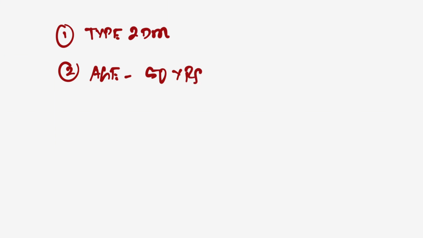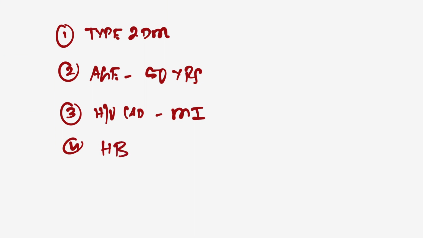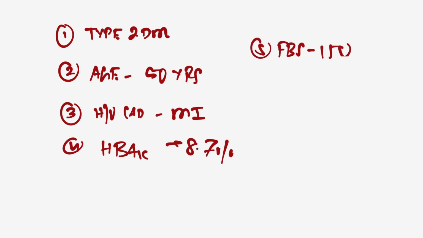Let's say the patient has a history of coronary artery disease, had a myocardial infarction maybe 2-3 years back. His HbA1c is, let's say, 8.7%. His fasting sugar is something around 150. Post meal sugar is, let's say, 210. So this is a typical profile of a patient.